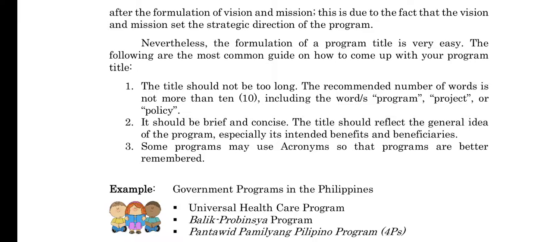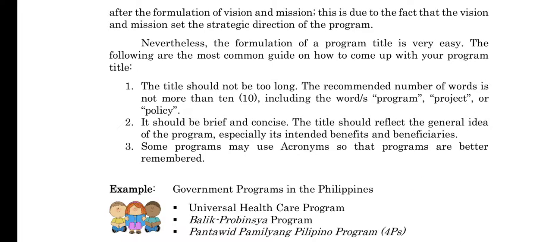Why do we need to make our title brief and concise? So that it would be easy to remember. It should catch the overall or general purpose of the program. So it should not be too long. It should be brief and concise.